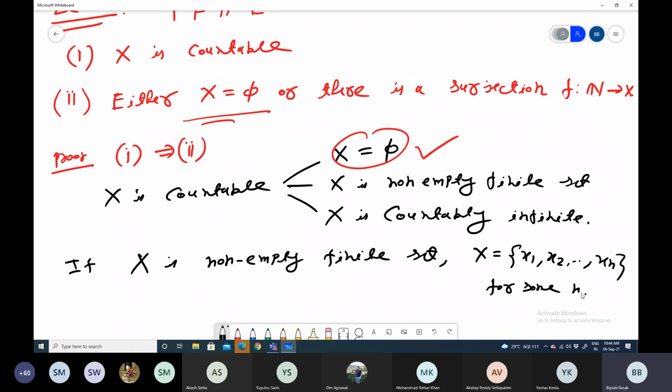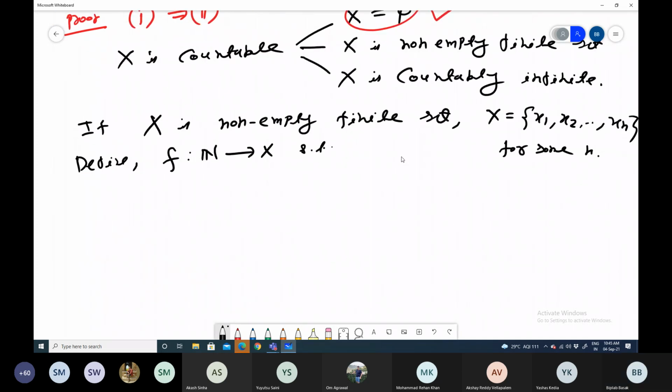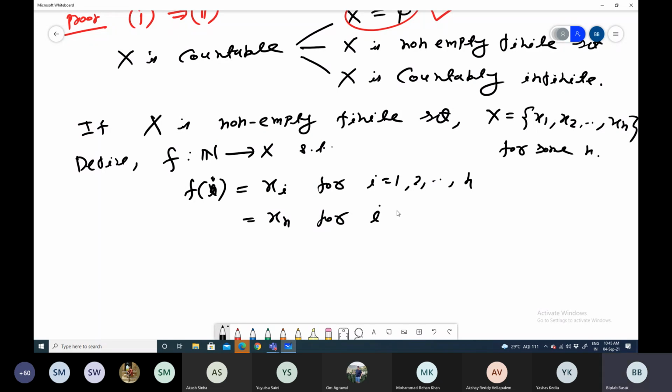Now we want to define a surjective function from N to X. Now just define f from N to X such that f of i equal to xi for i equal to 1 up to n, and equal to xn for i bigger than or equal to n plus 1. So this is a surjective function.